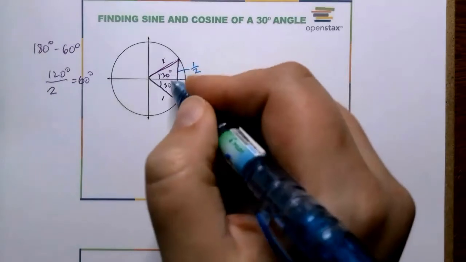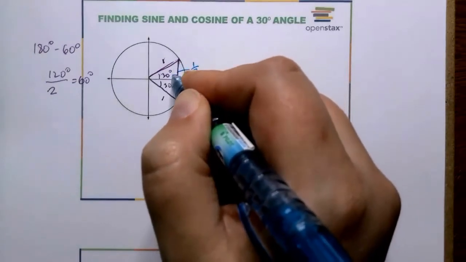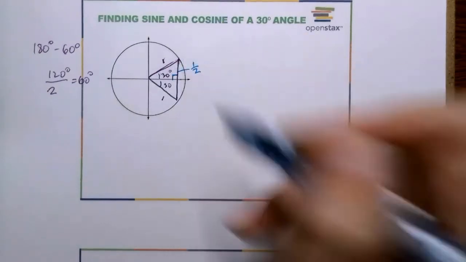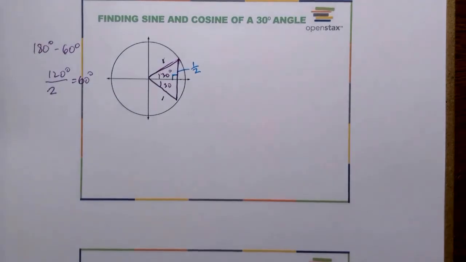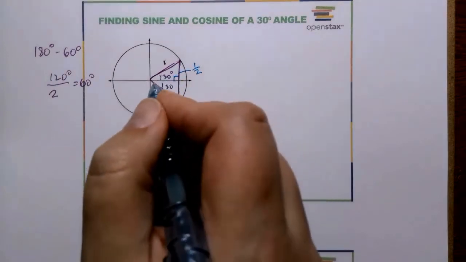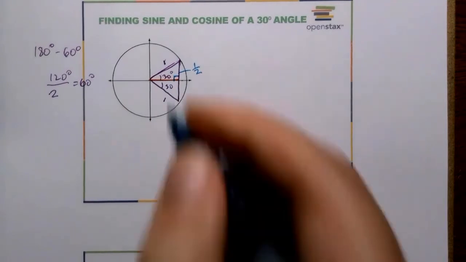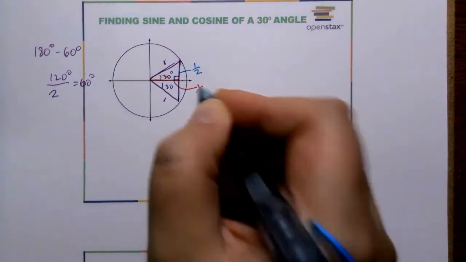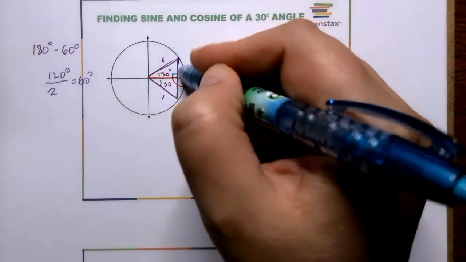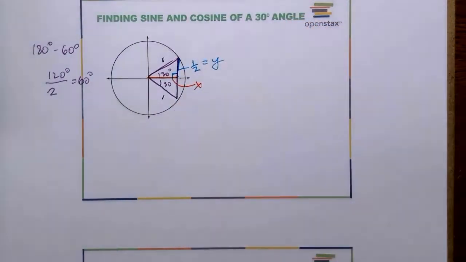Okay, so now I know there is a right angle there, and I could use my Pythagorean identity to find the x coordinate of this point, which corresponds to the length of this side of the triangle. Okay, so this is what I'm looking for. This is my x, and this was my y.